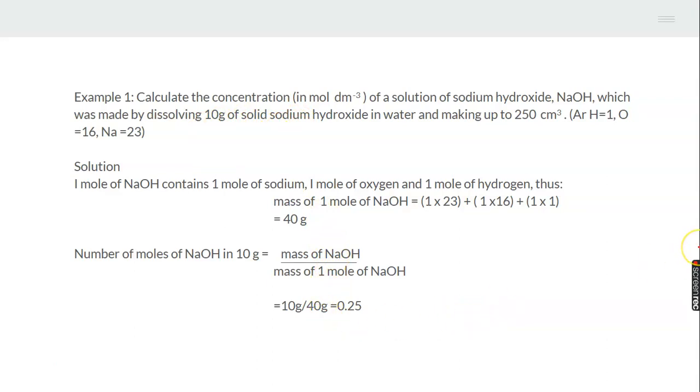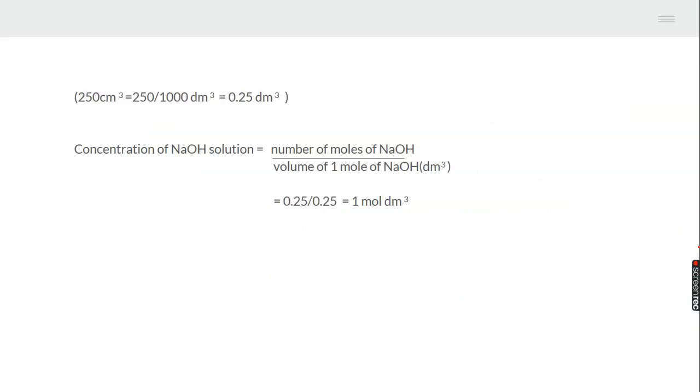That will give you the number of moles of sodium hydroxide in 10 grams. Same thing, if the volume is given in cm cube, you have to convert it to dm cube. So your conversion can be done by dividing by 1000.